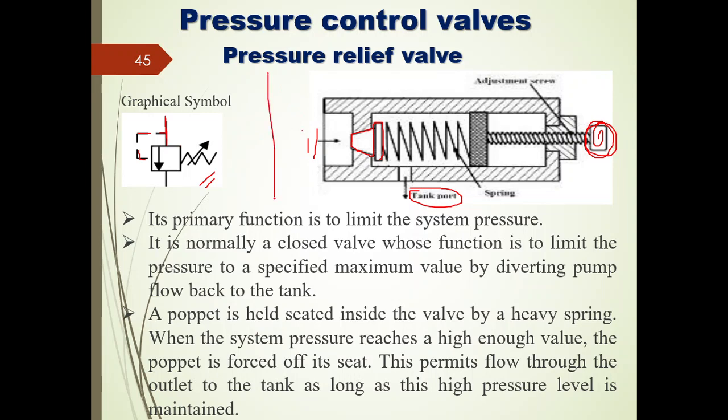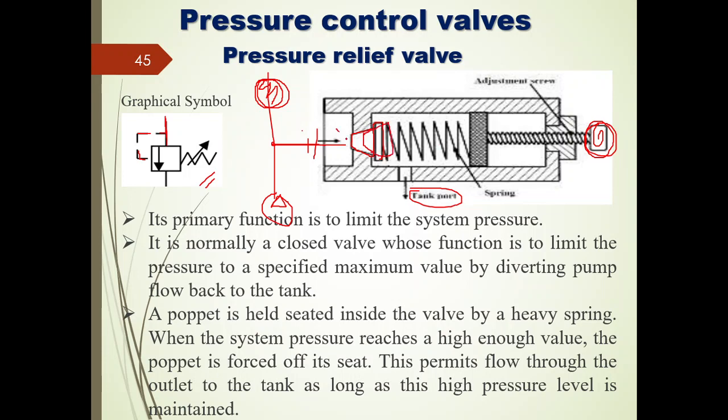So this is nothing but the line, this is the pump connection. Here I will be connecting one line to this pressure relief valve. Whenever there is an excess pressure that has been built up in a hydraulic system line, in that particular case, automatically the poppet will come out of the seat because of the increase in the pressure compared to the spring force.